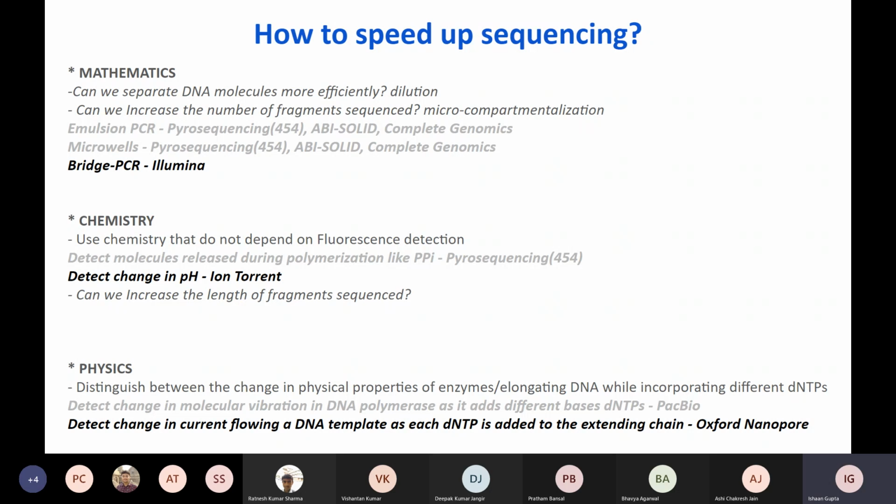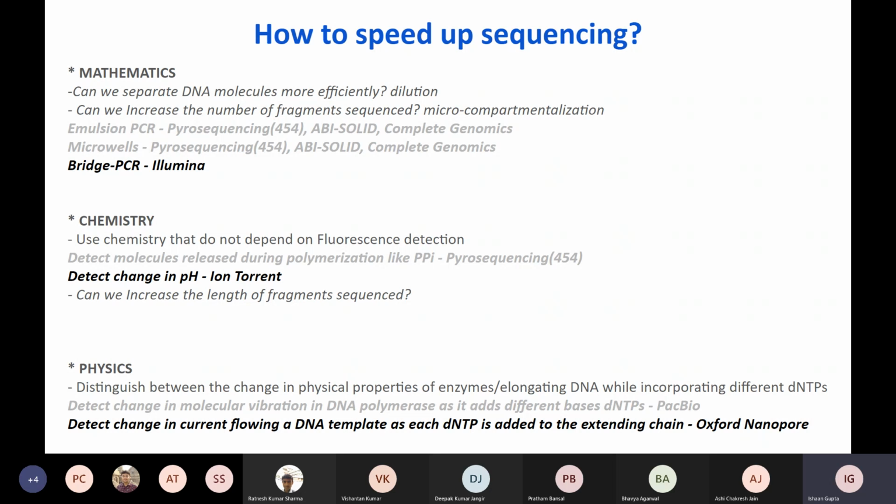All right. Mathematics said that you can also do the same process by dilution. If you take your DNA molecules and dilute them so much that you only have a single molecule, that's also one efficient way of separating DNA. The next question was, can we increase the number of fragments to be sequenced? If you take this process of dilution, you would need to dilute a lot.